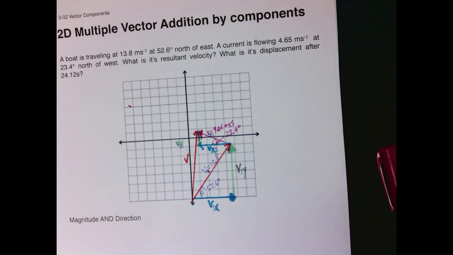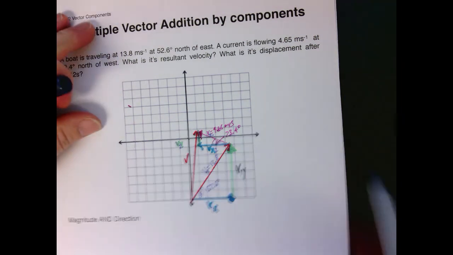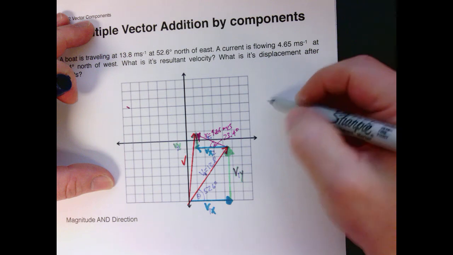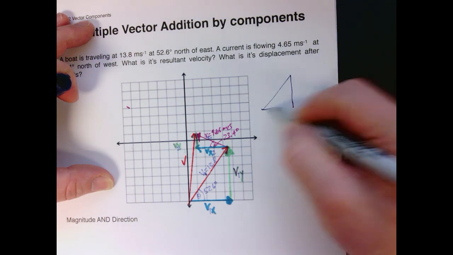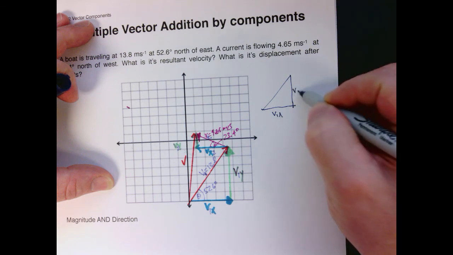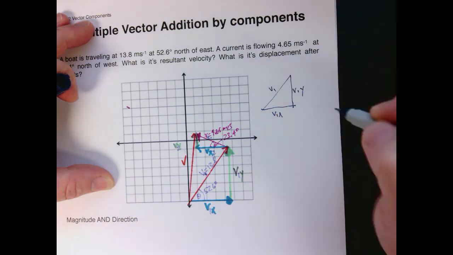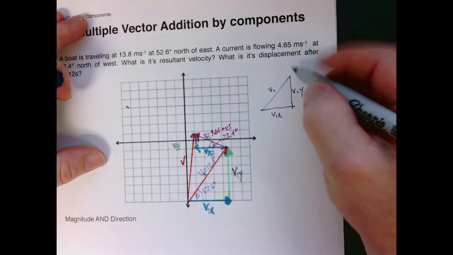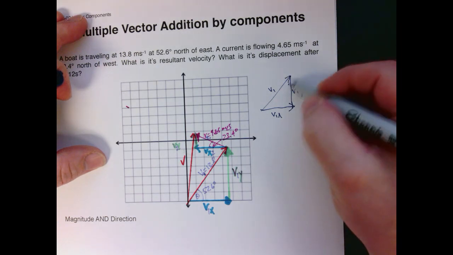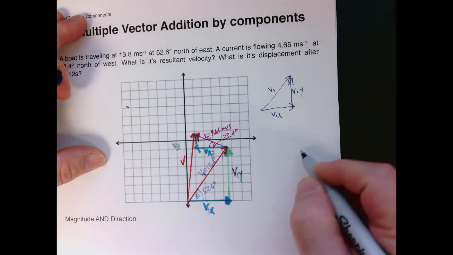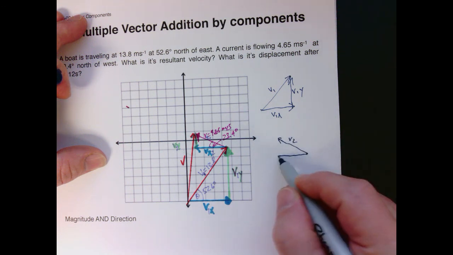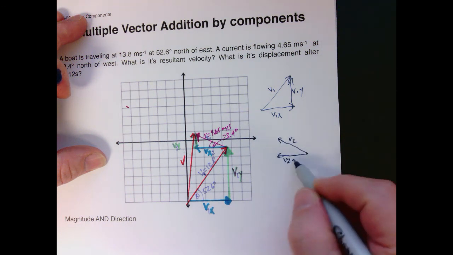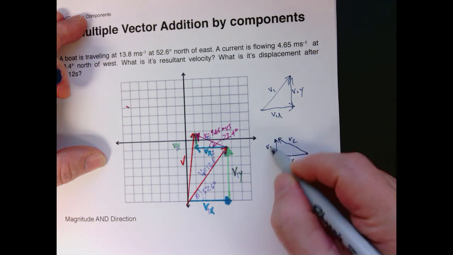And to keep things a little bit simpler, I can draw my triangles over on the side. So let's take our v1x and v1y, and v1. And then we have our second triangle, which is v2. And this is v2x, and this is v2y.